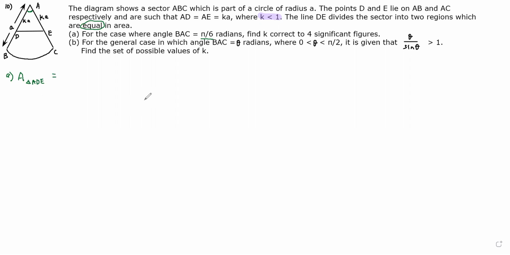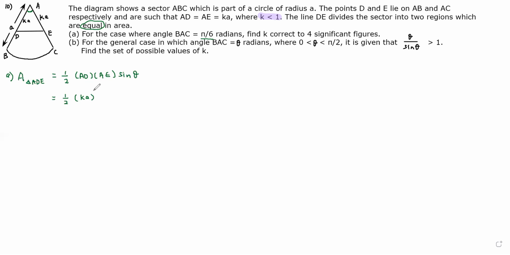The area of triangle ADE can be given by 1/2 of AD AE sine theta, here, this angle. So for this case here, the area of triangle ADE is 1/2. AD and AE are both KA.